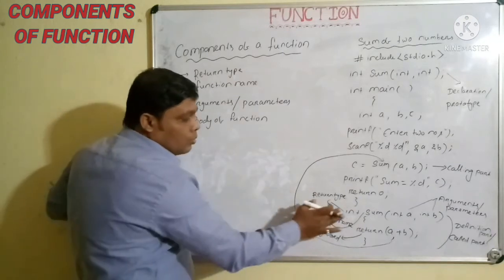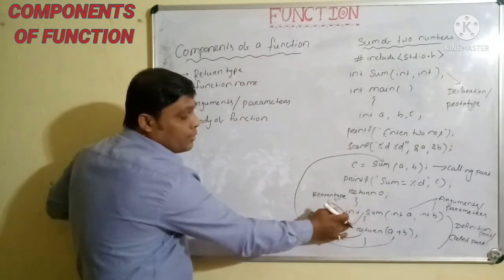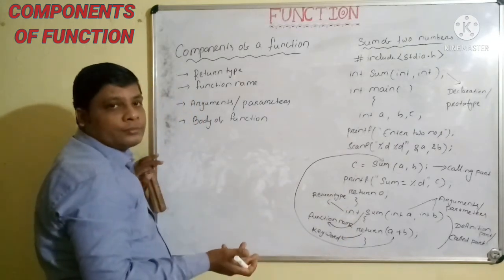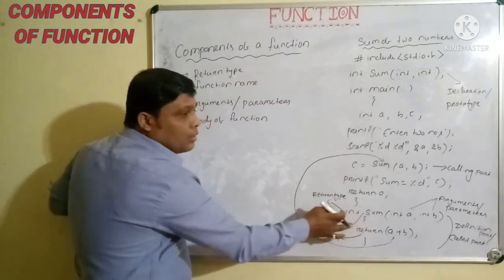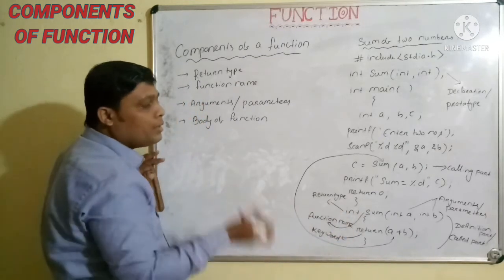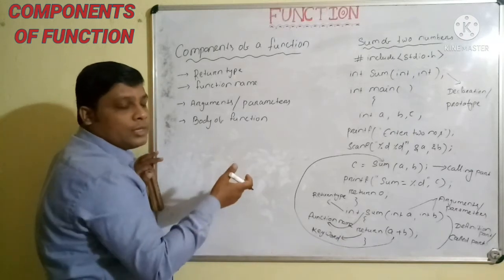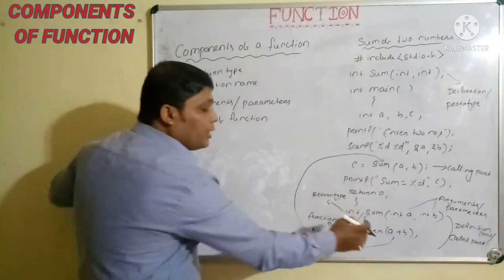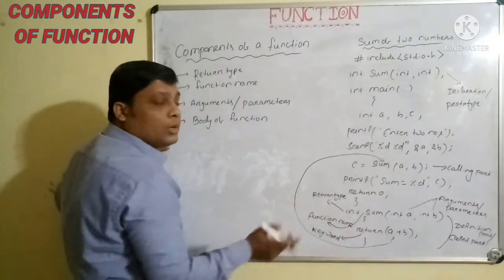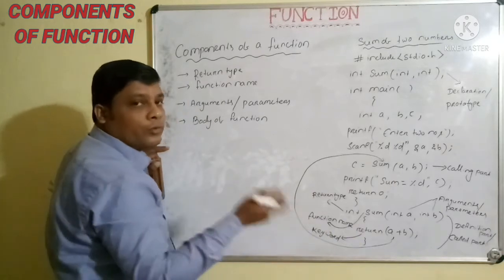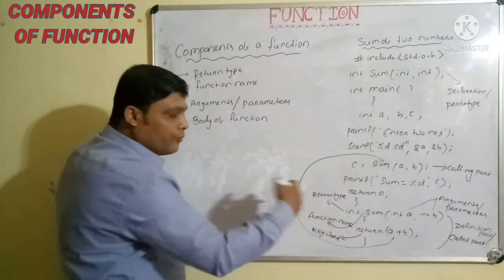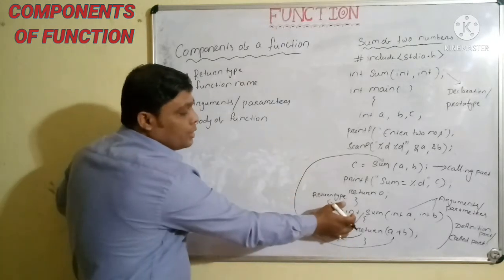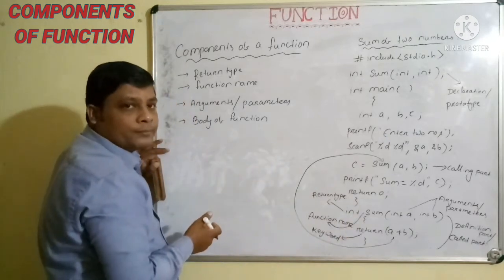If we are not giving any return type, by default the compiler takes the return type as integer. If we are returning something other than integer, suppose a character variable or a float variable, then we have to give the return type as character or float accordingly. Whatever type of value we return from the function definition part, we give the return type according to that data type.